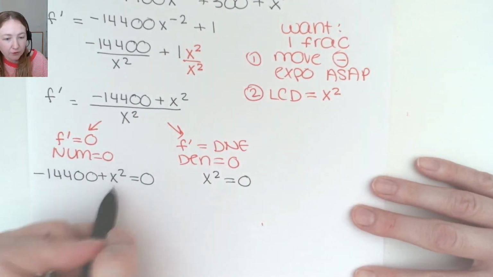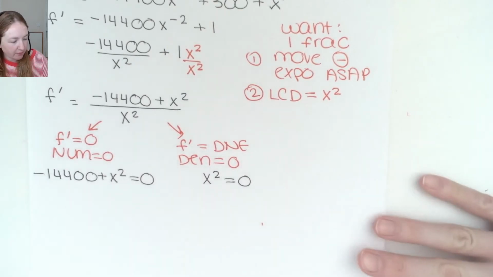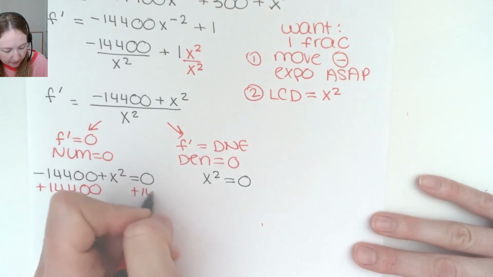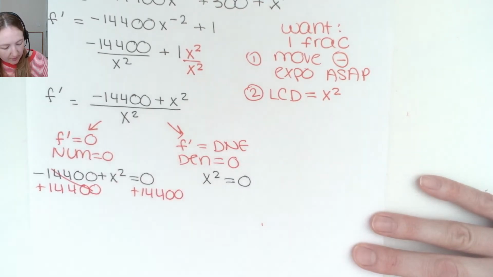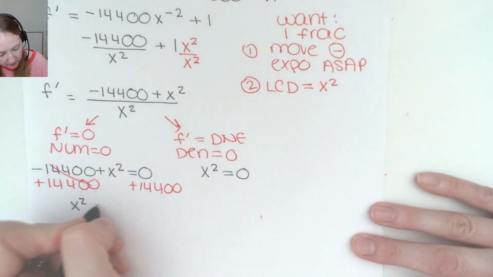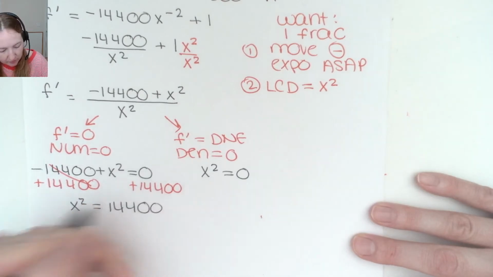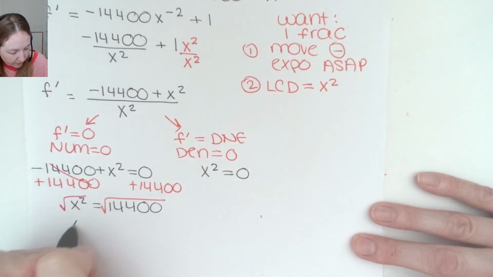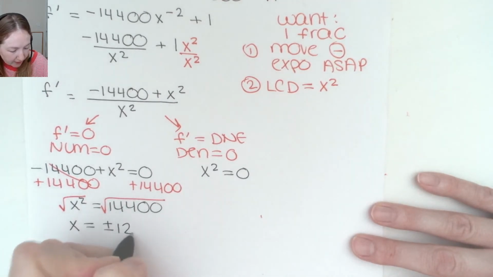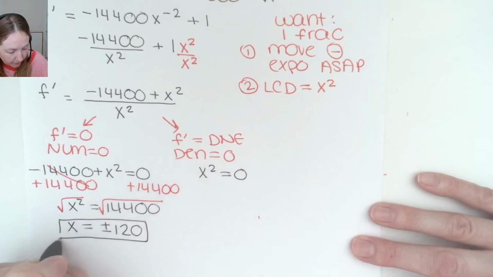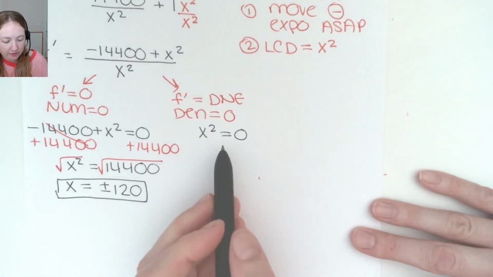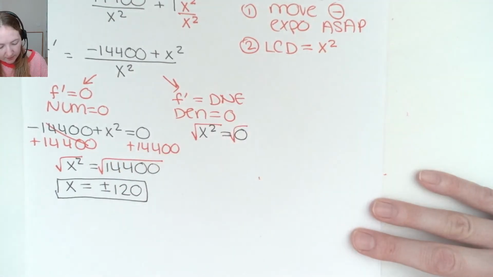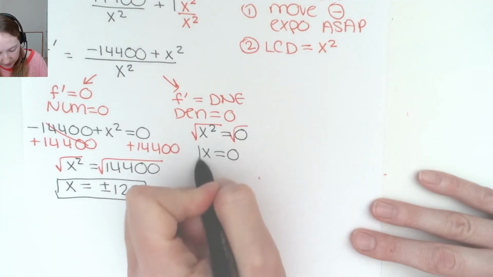Now for this first equation, remember we're trying to undo PEMDAS, so we will add 14,400 to both sides and get x squared equals 14,400, and then take the square root of both sides. So that gives us x equals plus or minus 120. Meanwhile, for our denominator equal to 0, we're going to take the square root of both sides, and that gives us x is equal to 0.